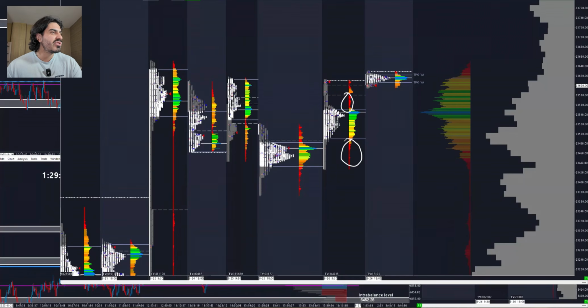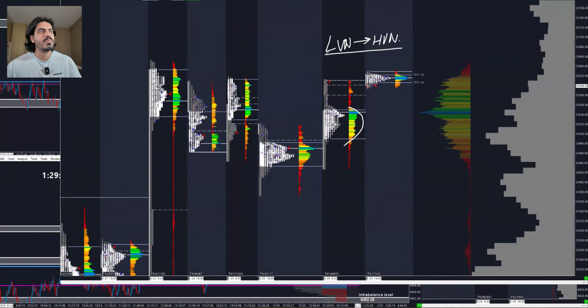A pivotal zone in the markets is going to be the creation of the ledge or the extreme, which is the low volume node that drops off into a high volume node. Where these meet, these create the extremes and the ledges of the balance, which is where the strong-handed market participants want to get active.